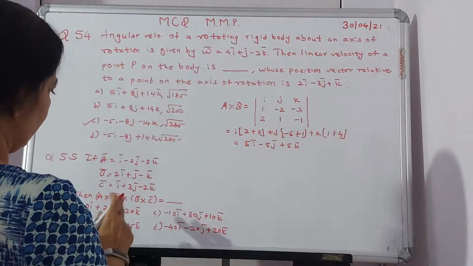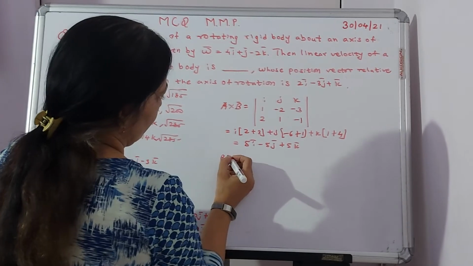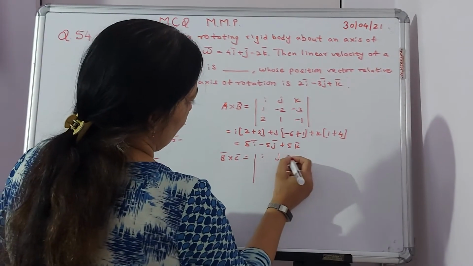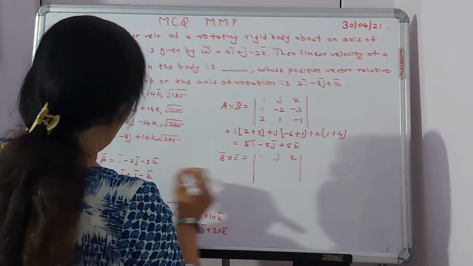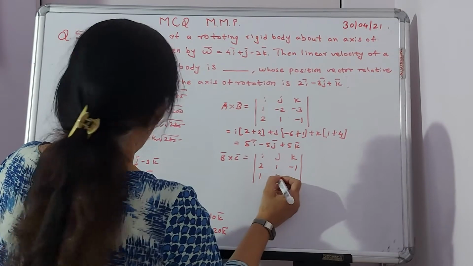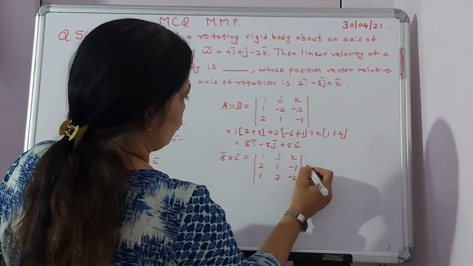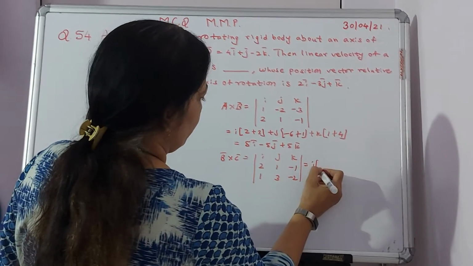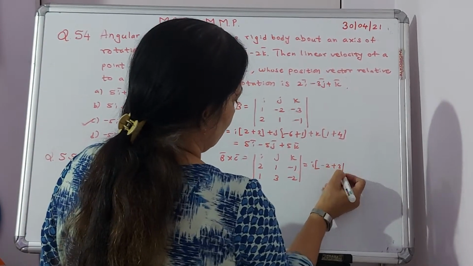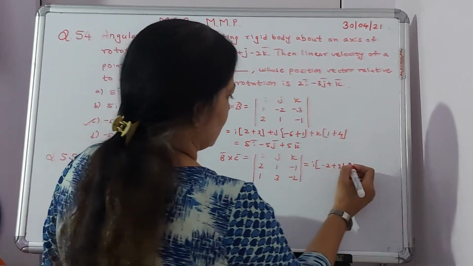After getting this, we'll go for B cross C. B cross C also same logic. i, j, k. B is 2, 1 minus 1. C is 1, 3 minus 2, right. So if you simplify, we get minus 2 plus 3. Minus 3 minus of minus.